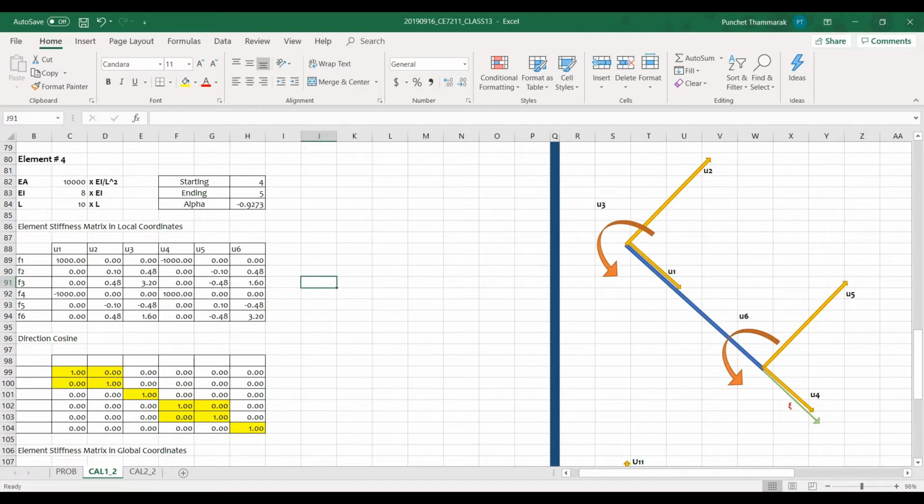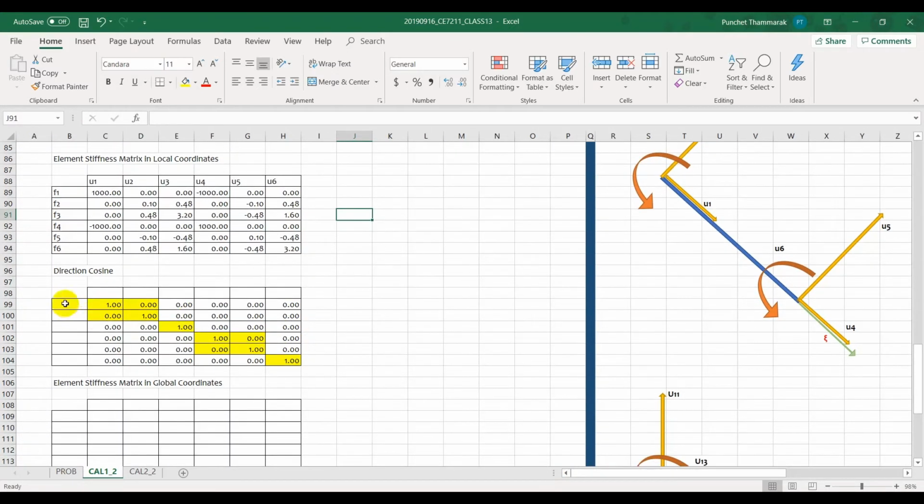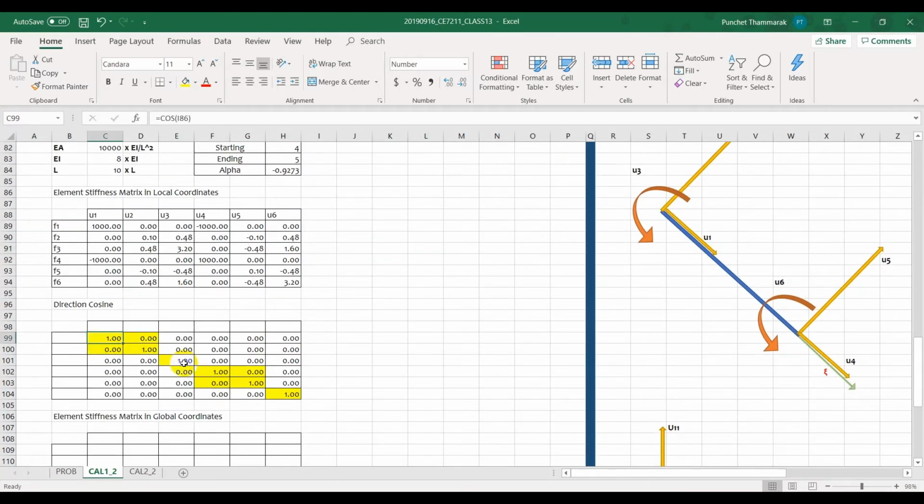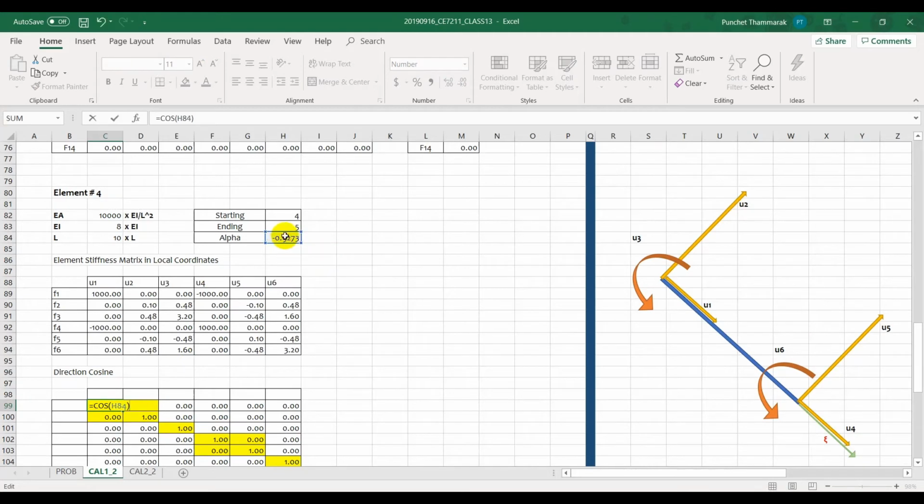Okay, we have this, and then the direction cosine was set up. So the direction cosine is made of the cosine and sine and minus sine and cosine, and this is 1, and this is equal to this, and I'll be copying it down.